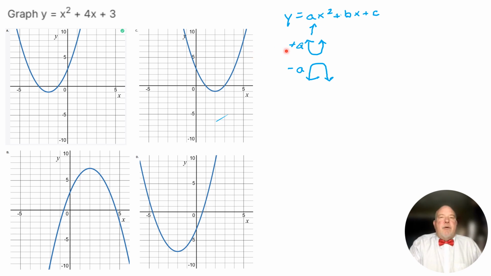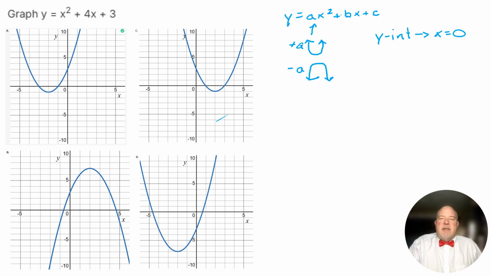Now, the next thing I would do is look at the y-intercept because that's easy to find. Actually, one of these has a y-intercept of -3. So real quick, the way you find the y-intercept: the y-intercept occurs where the x value is equal to 0.